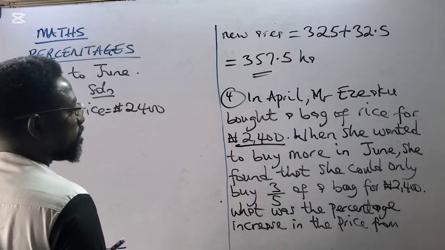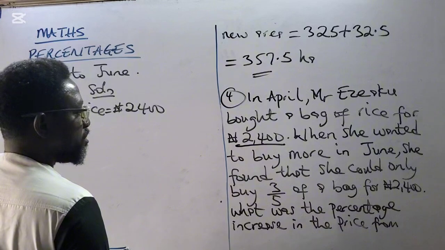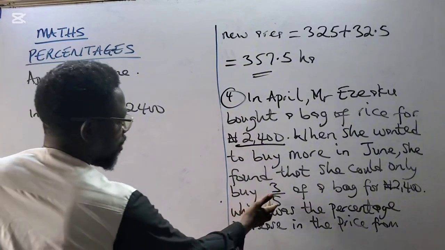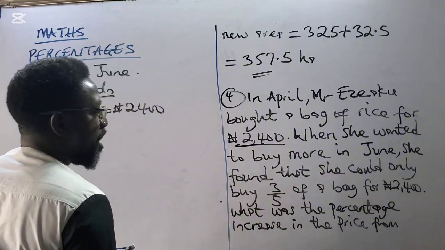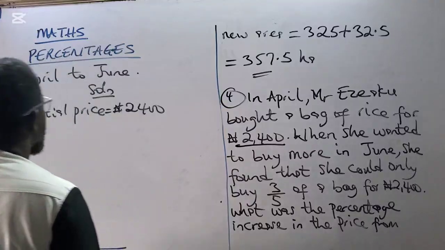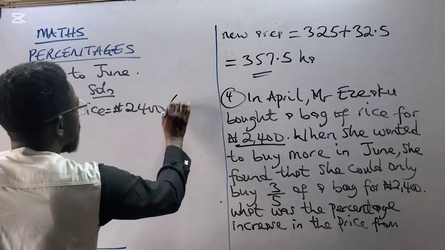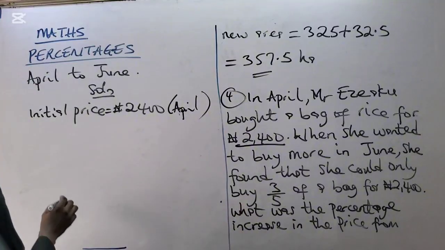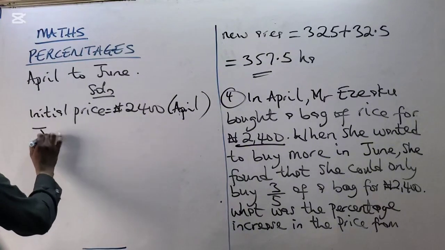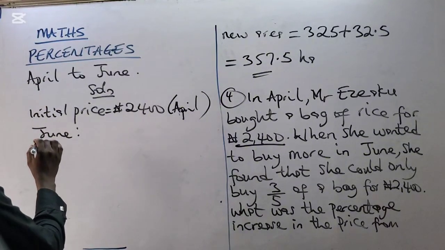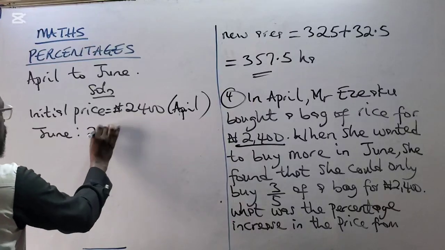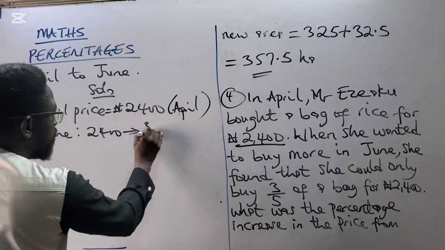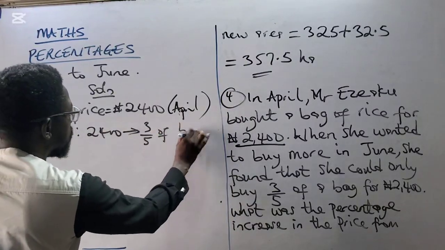So when she wanted to buy more in June, she found that she could only buy 3/5 of a bag for 2,400 naira. This was the price in April. Then by June, 2,400 would only buy 3/5 of the bag.